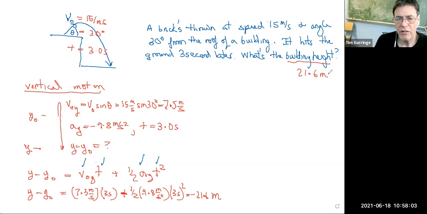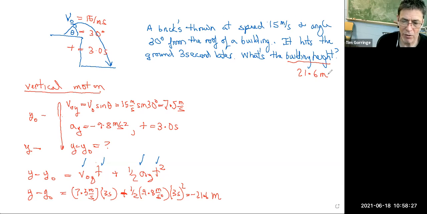So that's an example of projectile motion where at first sight it might seem a very difficult problem. We're just told we've thrown a brick off the top of a building, and we're told the speed and the direction we threw it at and how long it was flying through the air. And we've got to figure out the height of the building.